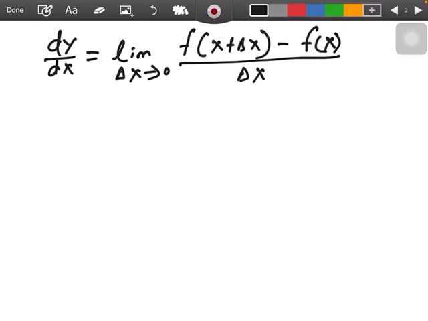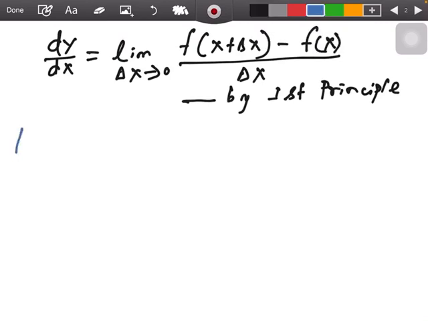This formula can be used to calculate derivative without using any rule, simply by expanding.